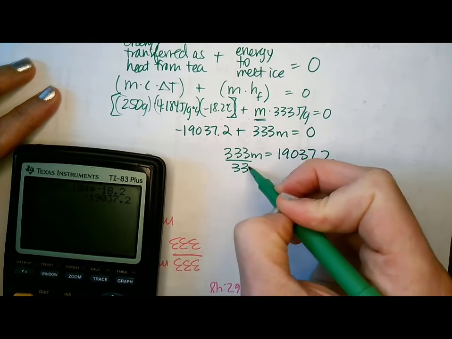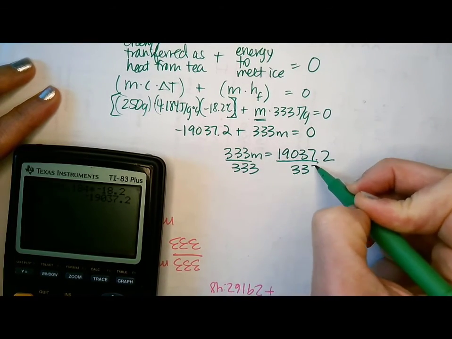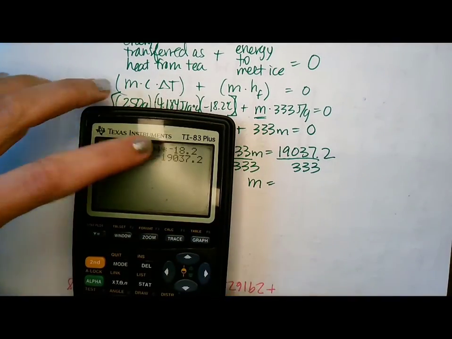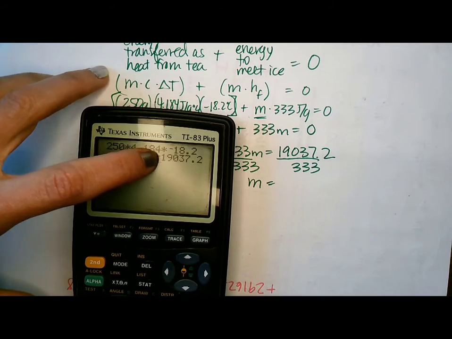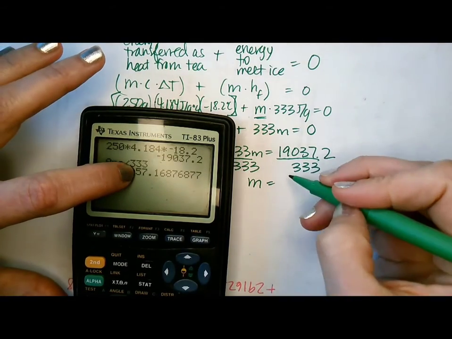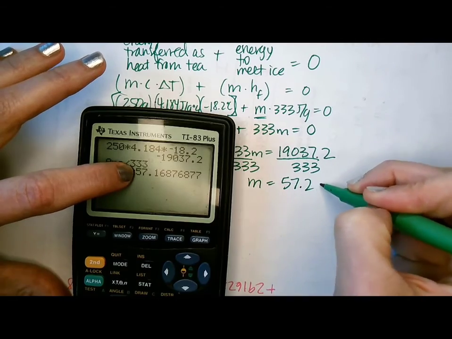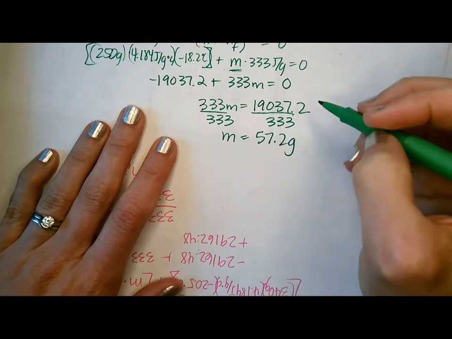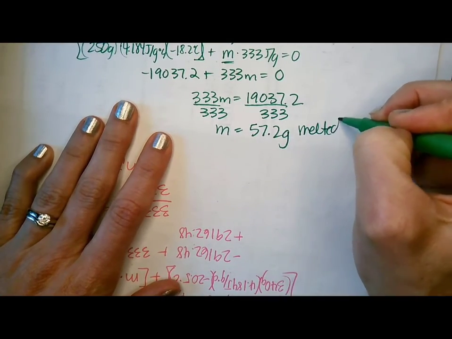Divide by 333. M is, and again, I'm just going to assume that that negative is going to fall off here in a second, divided by 333. So I get 57.2 grams of ice melted.